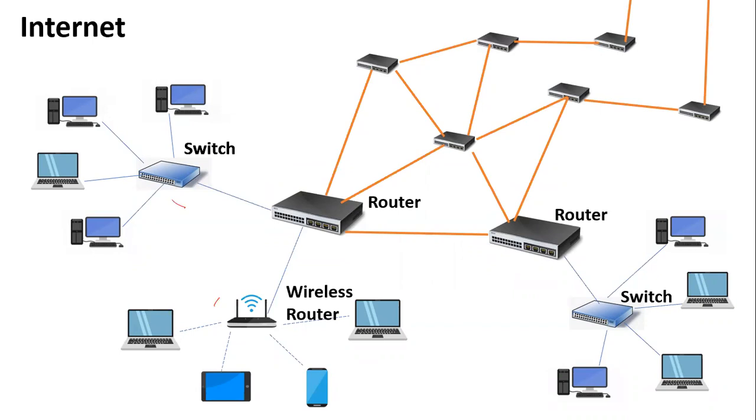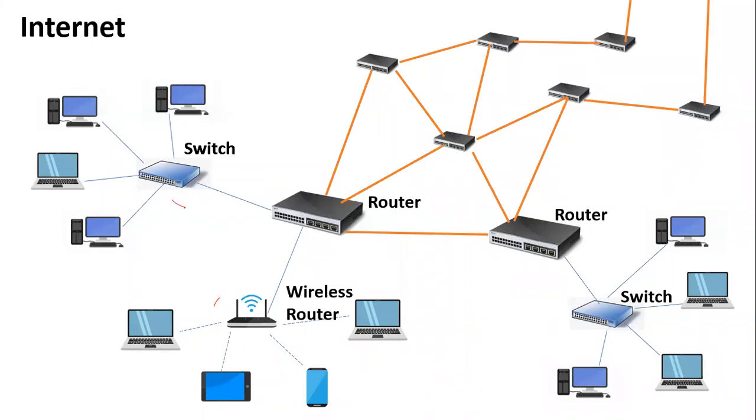These routers are maintained by service providers, internet service providers. In Sri Lanka, we have SLT, Dialog, Etisalat, Airtel, Lankacom, and there are so many, right? Those are called internet service providers. These internet service providers maintain routers in all their branches. In the university area, consider Gangodawila, they have a router.